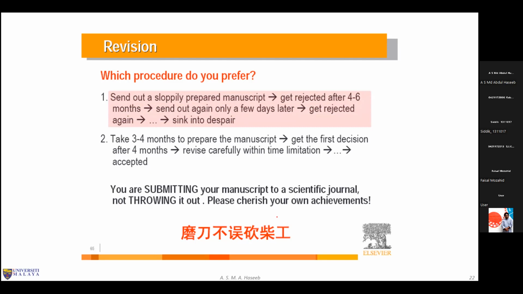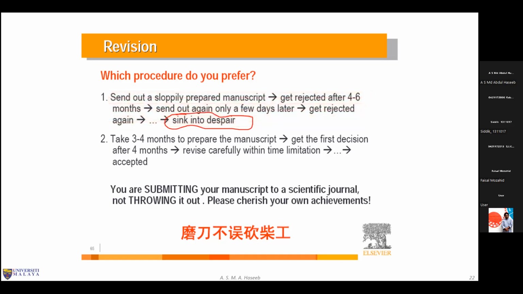Once you get the rejection, you don't care. You send it to another journal as is, without looking into the comments of the reviewers, without making any attempts to improve it. You just send the original manuscript. Again, it gets rejected, and so on. And you sink into despair. You become frustrated. So that is one way.